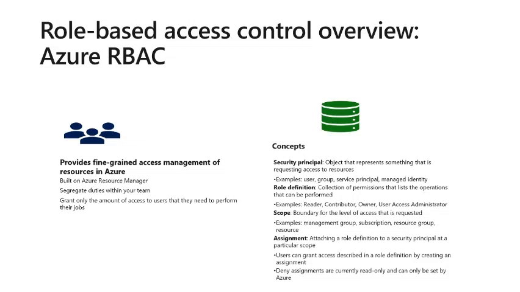Assignment, attaching a role definition to a security principal at a particular scope. A user can grant access described in a role definition by creating an assignment. Deny assignments are currently read-only and can only be set by Azure.